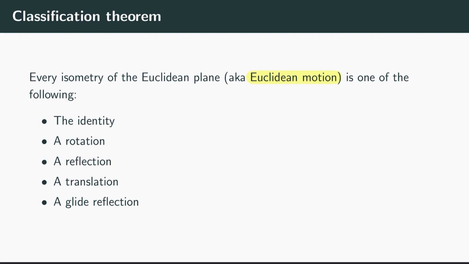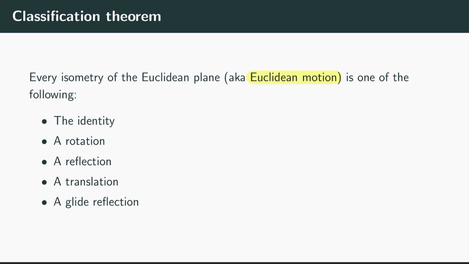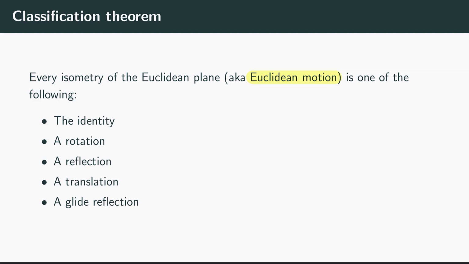Okay, and then the next candidate is my isometry can be a reflection. And again, there are infinitely many reflections because the plane has infinitely many lines in it. We can have a translation, and again, there are infinitely many possible translations, as we saw in the previous video about what a translation is.